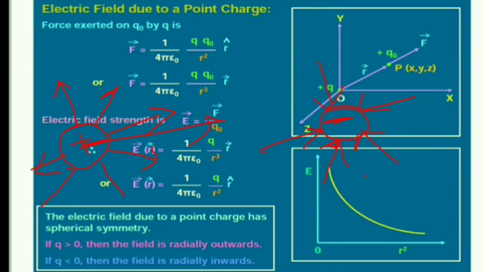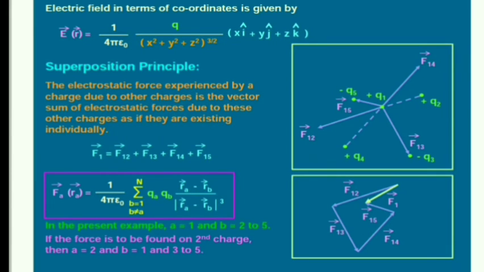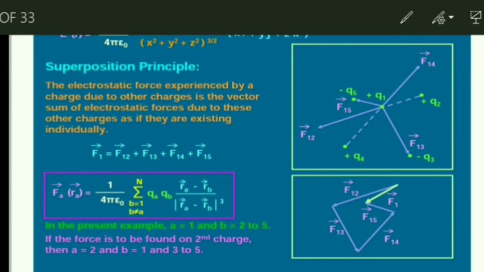Let us proceed further. Now we will describe electric field in terms of coordinates. Friends, if I have this coordinate system and this is point P where I have the positive test charge q naught, this is the coordinate system, that this is X, this one is Y, and this is Z. Then this has point x, y, z.